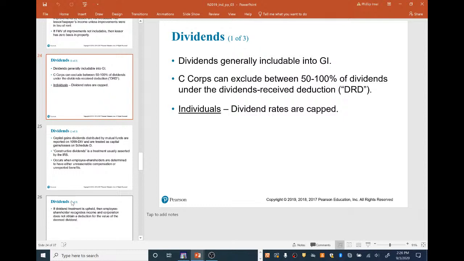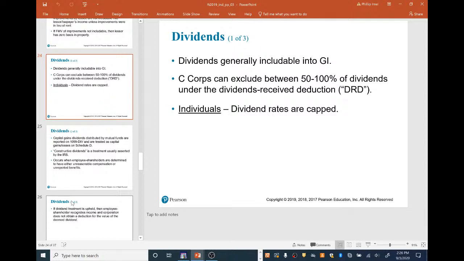Corporate distributions that exceed a shareholder's pro rata share of earnings and profits are going to be treated as a return of capital to the extent of the shareholder's adjusted basis in the subject stock, okay? Corporate distributions exceeding both the E&P and adjusted basis are subject to gain, usually capital treatment.